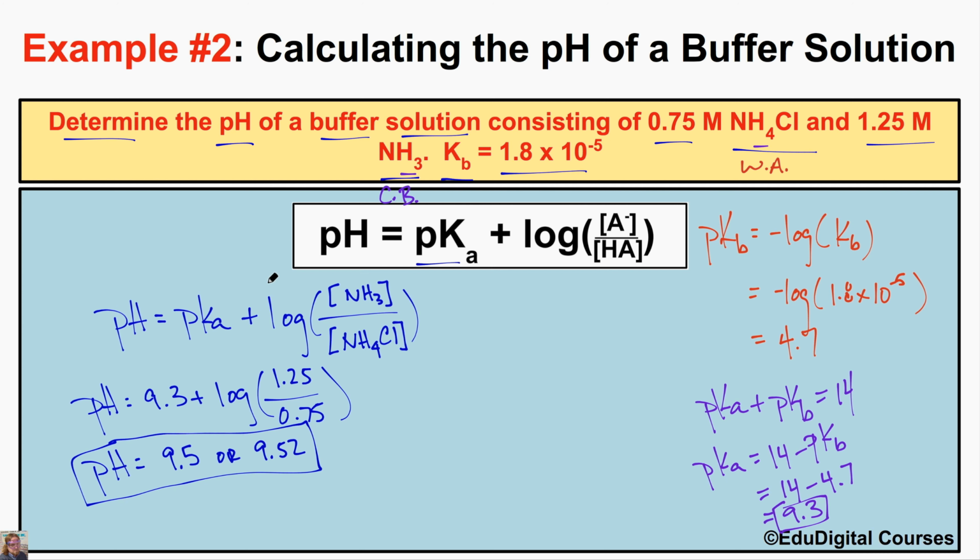And there we go. So the pH of this buffer solution, consisting of 0.75 molar ammonium chloride and 1.25 molar NH3, is going to be approximately 9.5.